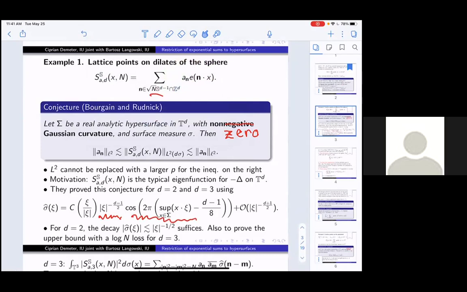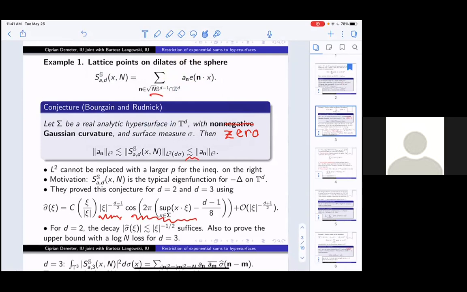Now, for d equals 2, you're dealing with the case of the circle. If you plug in d equals 2 there, you get a decay of -1/2. That decay suffices. It also suffices if you're interested in proving the right inequality for d equals 3, if you allow yourself some logarithmic loss.